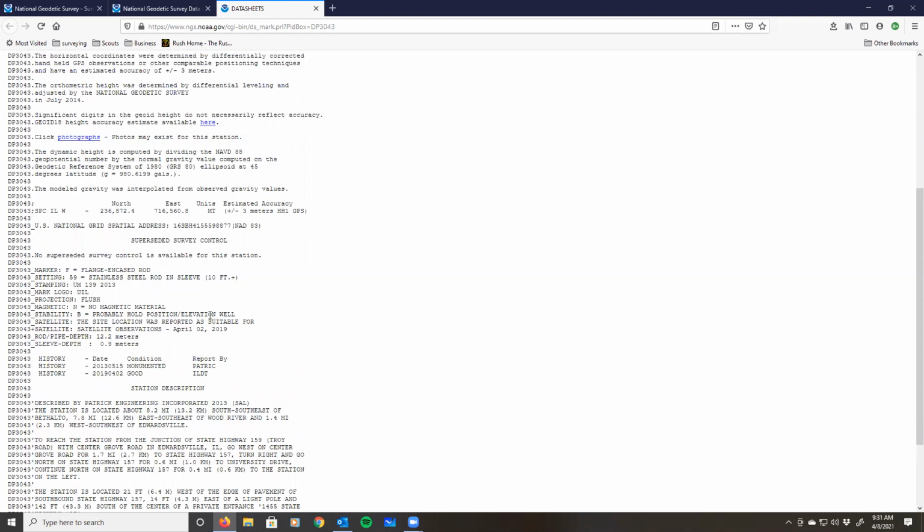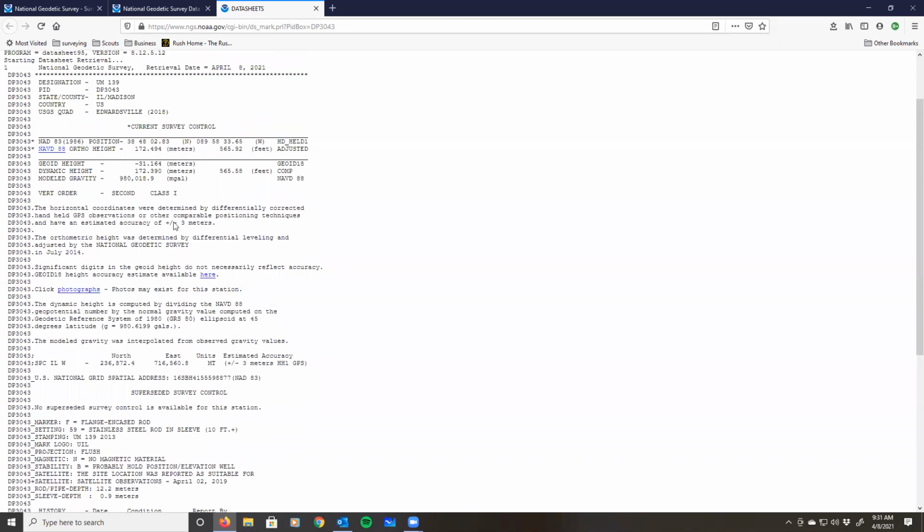So basically it's like a cylinder with a cap. The cap has a hinge on it. When you open the cap and look down inside the sleeve, then it's a stainless steel rod that's sticking up in the center of that sleeve, and the elevation is taken from the top of that rod.